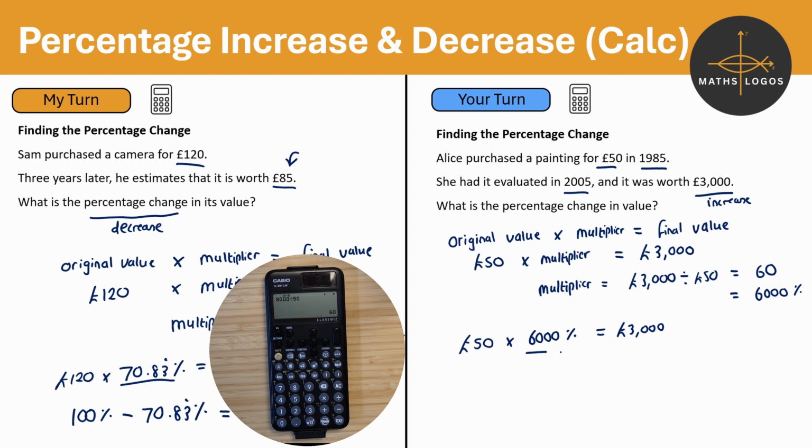If we imagine that it started at 100% and it's now gone up to 6,000%, we want to know what percentage it's gained. To work that out, we'll do 6,000 subtract 100%. And that gives us the answer of 5,900% increase. So that should have been your answer, a 5,900% increase.